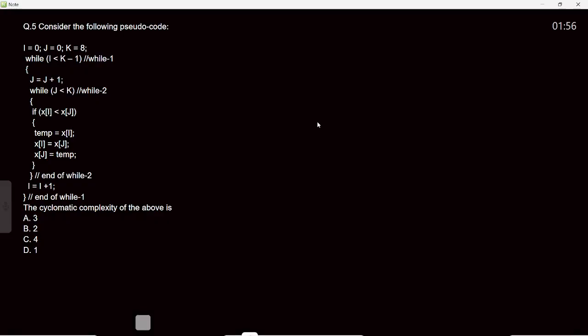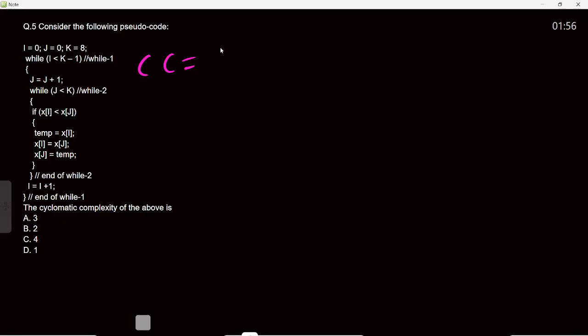It is a very simple question. If you know the cyclomatic complexity, in just 10 seconds you would be able to solve it. I will write CC, cyclomatic complexity.